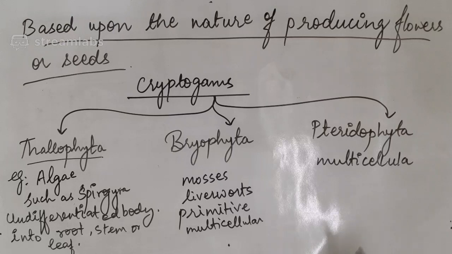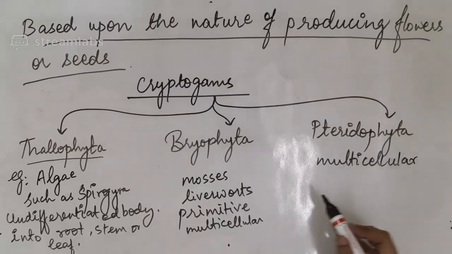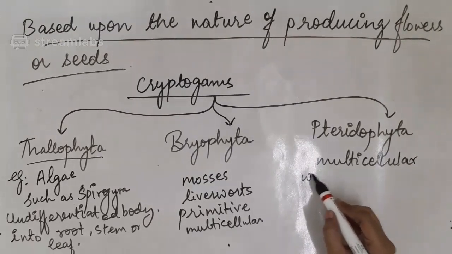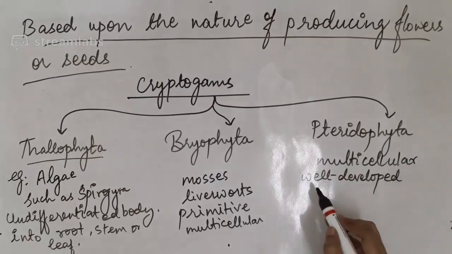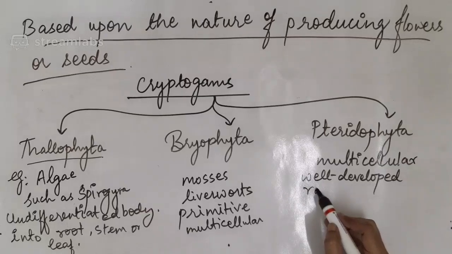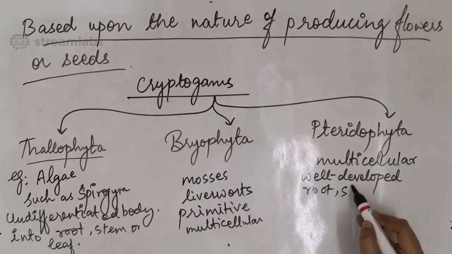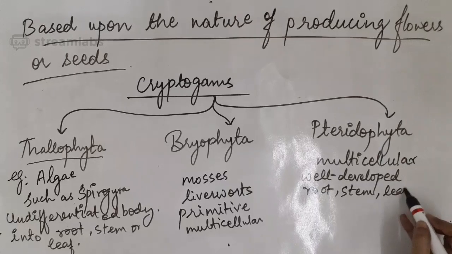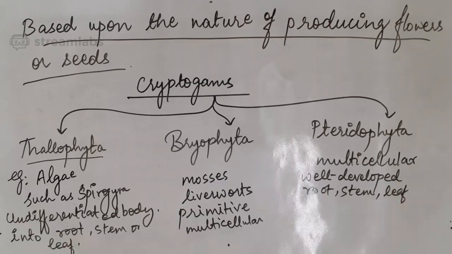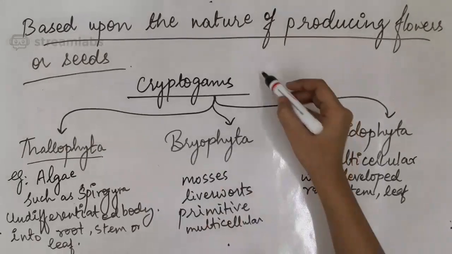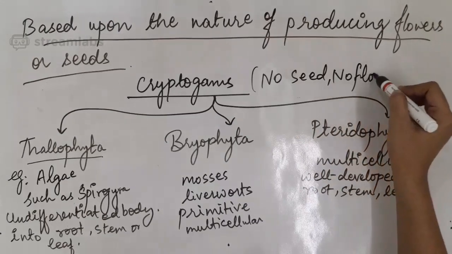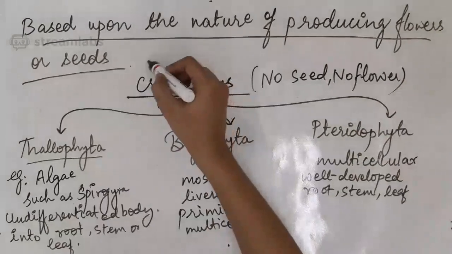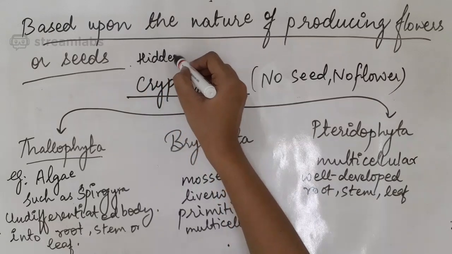These are multicellular and have well developed roots, stems and leaves. Okay, but they do not have flowers and seeds. Cryptogams, no seed, no flower. Okay, crypto means hidden reproduction.